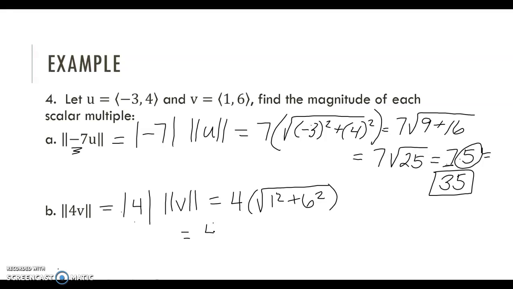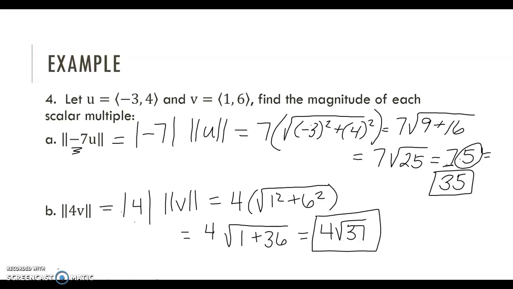So that gives me 4 times the square root of 1 plus 36, since 1 squared is 1 and 6 squared is 36. So then I get 4 square root of 37, and the square root of 37 does not simplify, it's not a whole number. I'm going to leave my final answer just like this, okay? No decimals, just 4 square root of 37, okay?